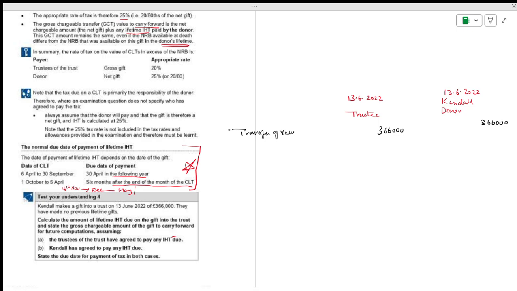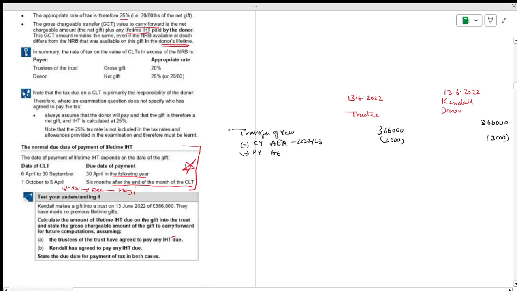First, you have to take the current year annual exemption. What is the current year? 2022-23. How much is there? 3,000. Then you have to take the previous year annual exemption. Now you understand.